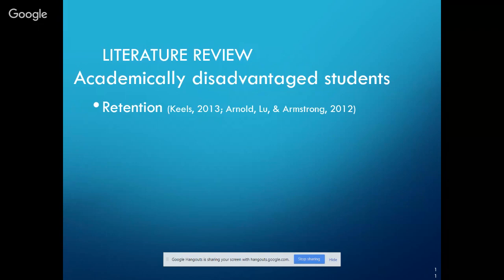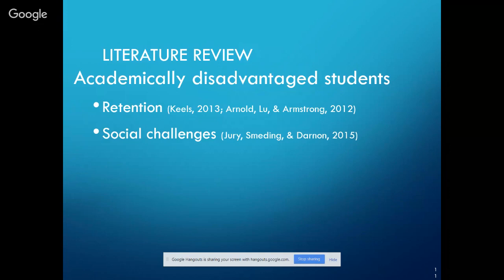Keels found that Black and Latino students have a lower graduation rate than their white and Asian peers, while Arnold, Liu, and Armstrong found that college completion rates between rich and poor students is widening. So we not only have first-generation status and ethnicity issues, we also have class issues that are playing into how students are able to actually finish college.